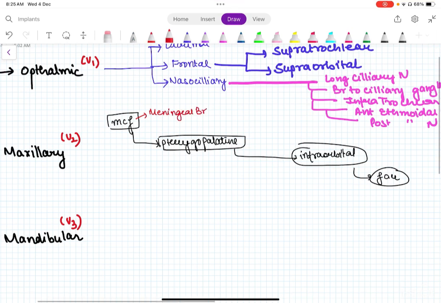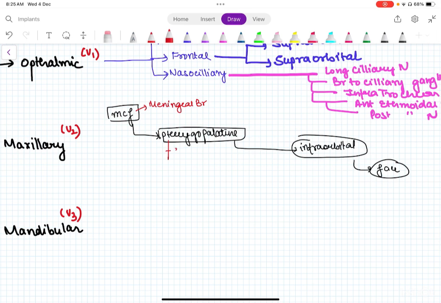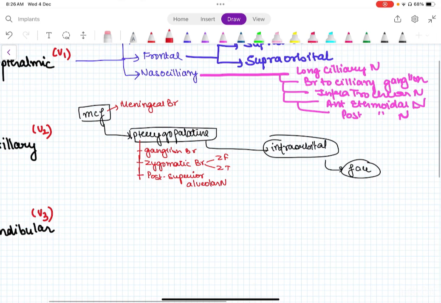In pterygopalatine, it will give, first is the ganglionic branch, then it will give zygomatic branch, which is zygomaticofacial and zygomaticotemporal, and then one more branch which is the most important: posterior superior alveolar nerve. Now we did PSA, right?